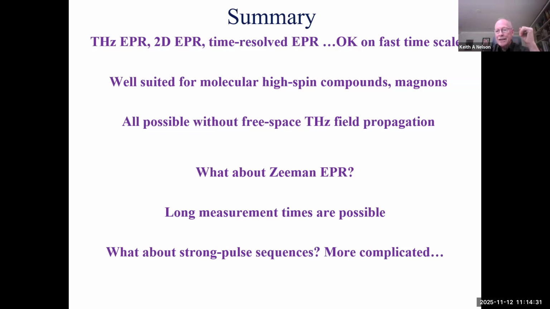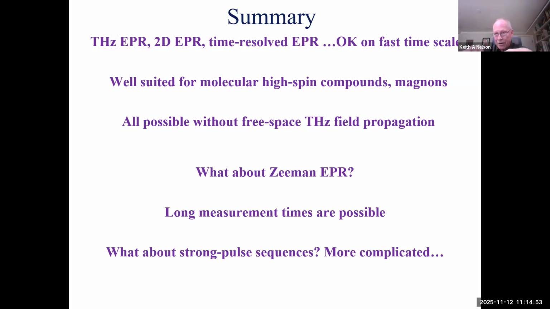What isn't quite as easy is to make multiple pump pulses that are strong, right? Because an amplified laser produces one such pulse. The oscillator before the amplifier produces pulses every 12 nanoseconds, but not strong pulses. They're fun. They could be used as probes, but not for nonlinear spectroscopy pumping pulses.